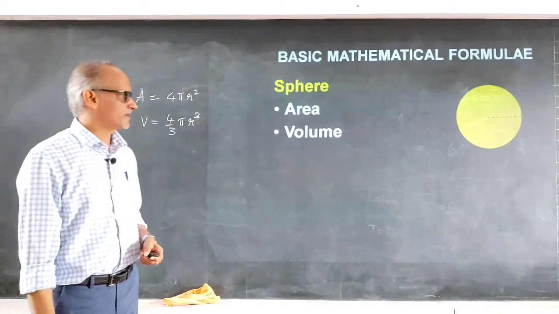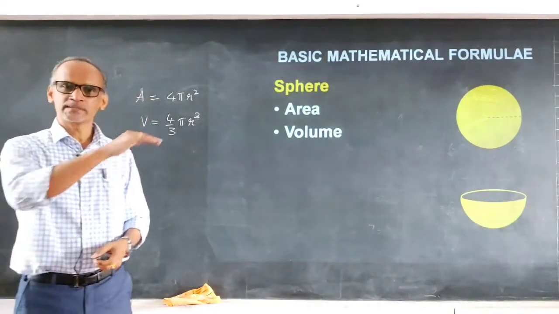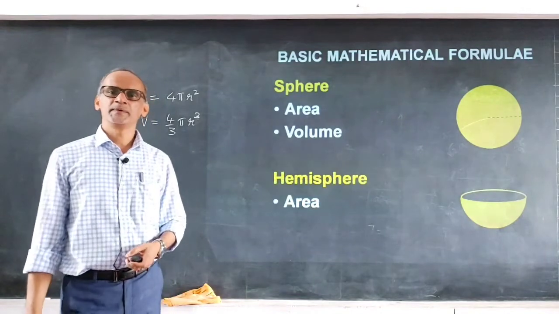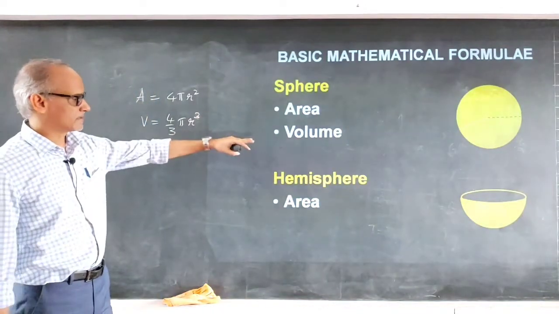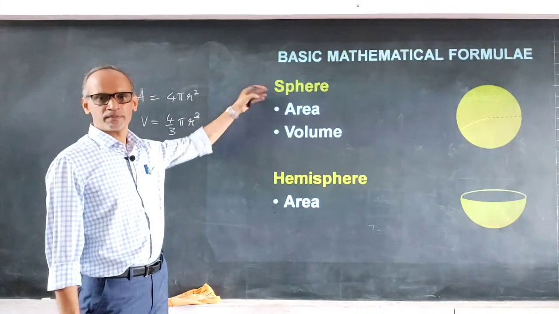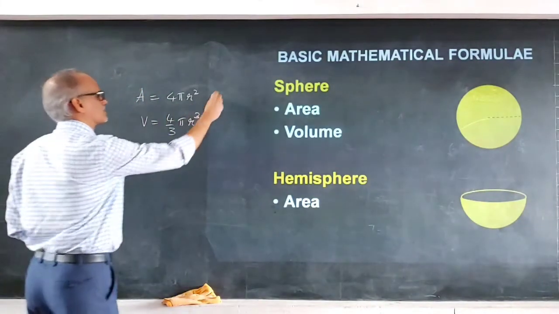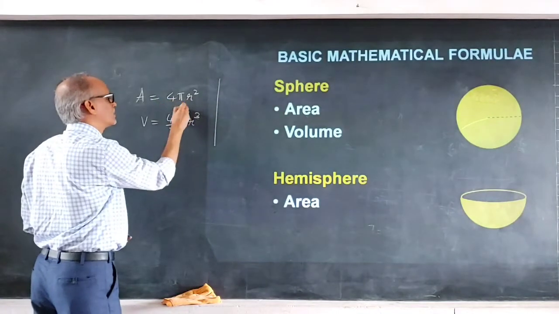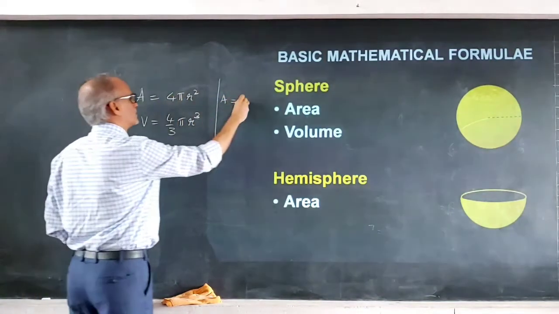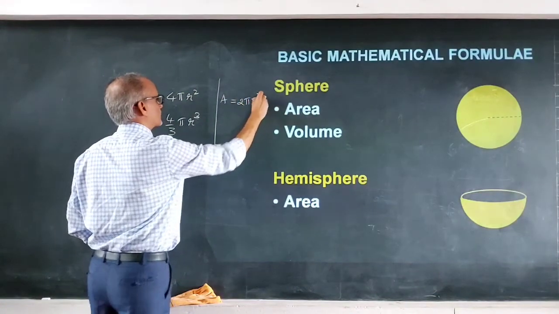Now this sphere, if I cut into exactly half, then we call it a hemisphere. So the hemisphere has an area half of the area of the sphere. Half means I have to divide by 2. When I divide by 2, 4 by 2, I will get 2. So therefore it's 2 pi r square.